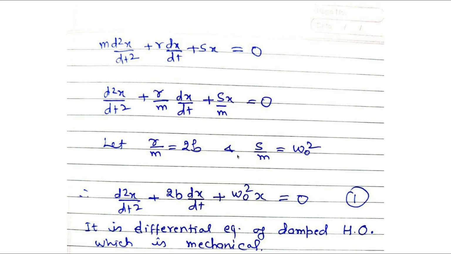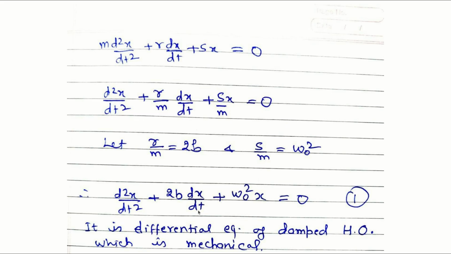If we put this value in the equation, it becomes d square x by dt square plus 2b dx by dt plus omega naught square x equal to 0. This is the differential equation of the damped harmonic oscillator, which is the mechanical damped harmonic oscillator.